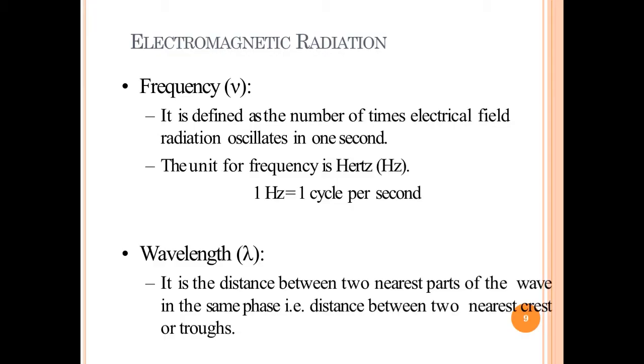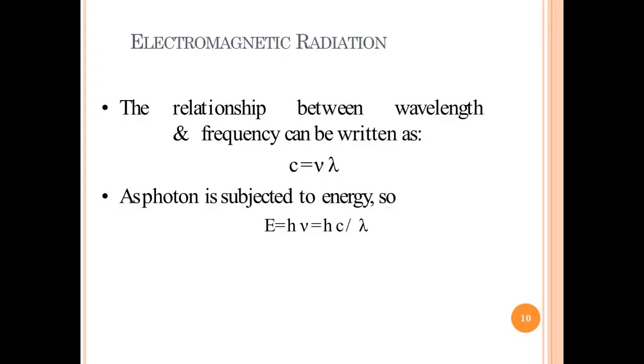The second property is wavelength. Wavelength is the distance between two consecutive crests or troughs. Wavelength is denoted lambda and its units are meters, centimeters, nanometers, angstrom units. The relationship between wavelength and frequency can be written as nu equals c by lambda.